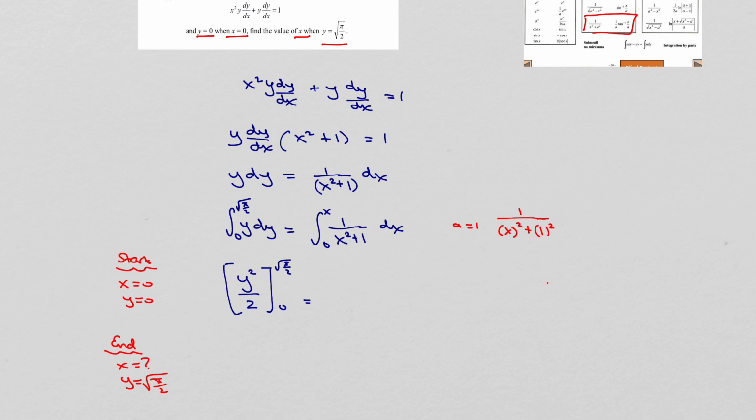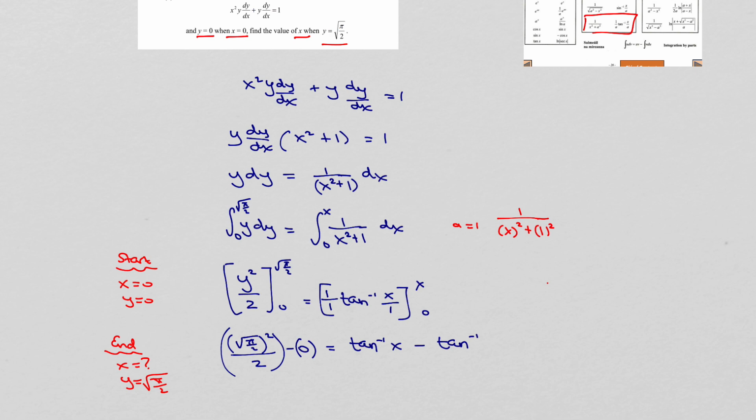Therefore, integrating that is going to give me 1 over 1 tan inverse of x over 1. And that's in the limits of x and 0. So if I put in my limits, I have root pi over 2 squared over 2 minus 0, and then subbing in for tan inverse of x minus tan inverse of 0.